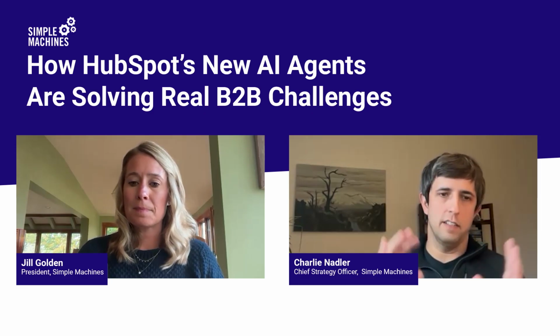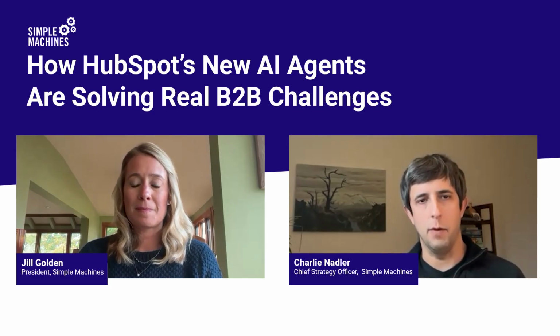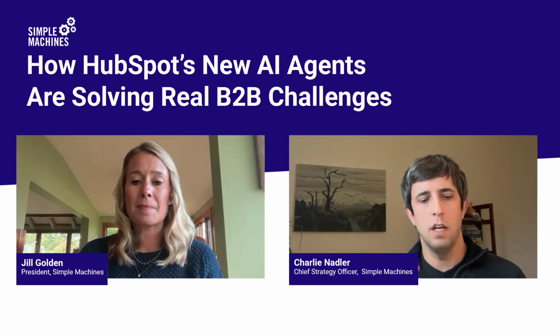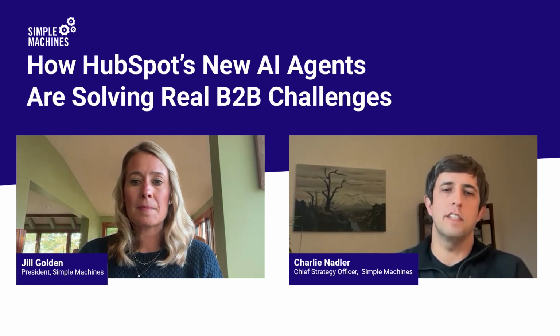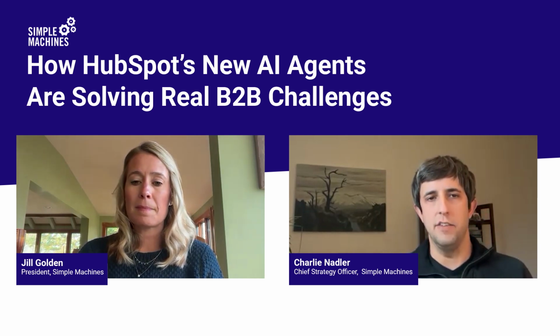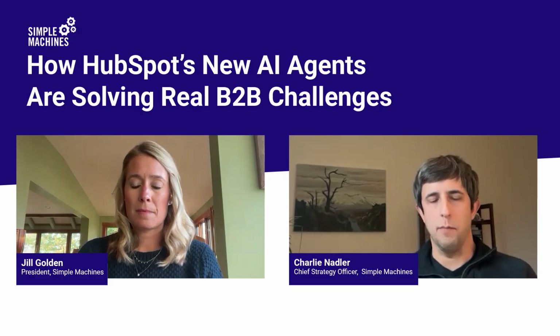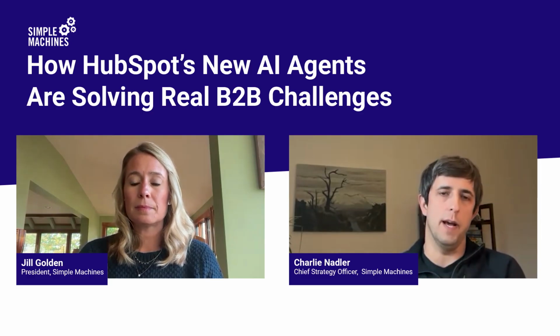So putting aside data cleanup, and we'll do a future video on some of the new stuff that came out with Data Hub, which is exciting too, on the data enrichment side, the one that I think we've been seeing value with the most right now is using Data Agent to create smart properties. A way to think about this is you have all your properties that are in HubSpot.